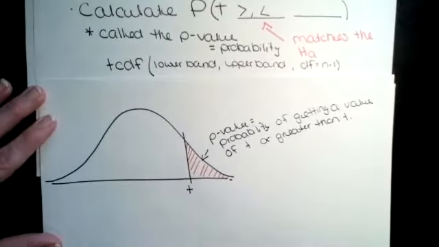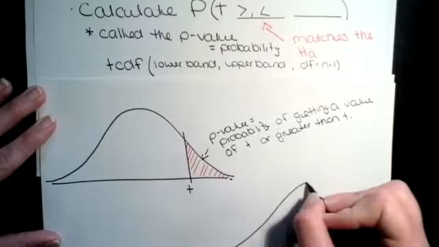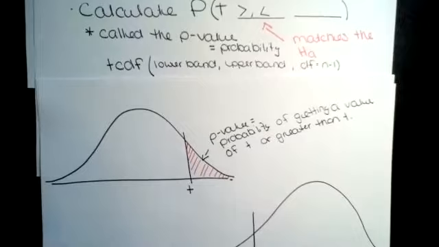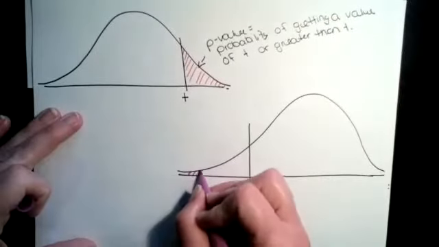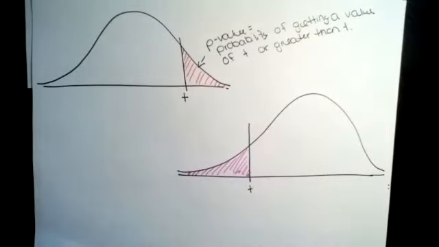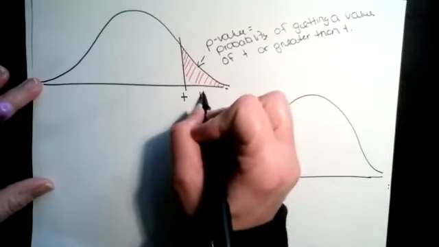Now, if we have a less than, let's see where I want to put this here. Maybe I'll stagger these. Okay. My less than, this would be a t, and I would be calculating the area to the left. Maybe I'll just put that here.